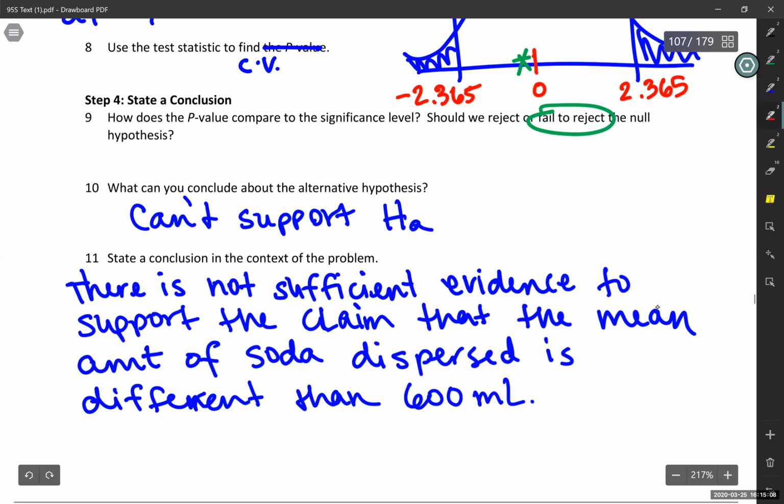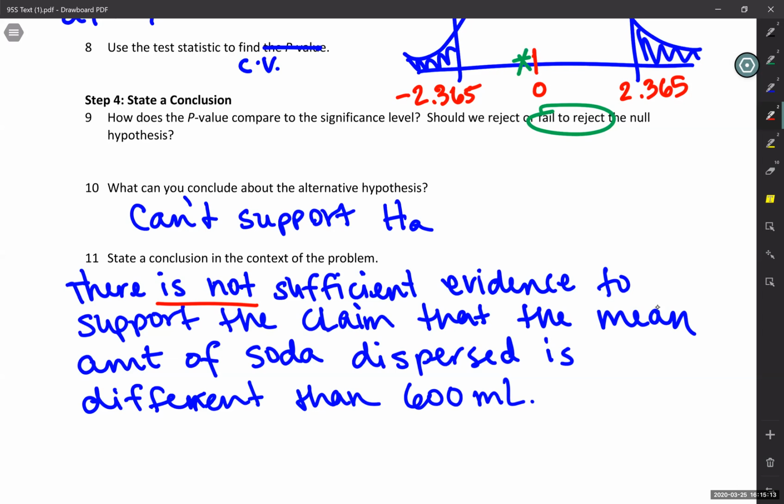So what we did was we said there was not, because we can't support the claim, so there was not sufficient evidence.